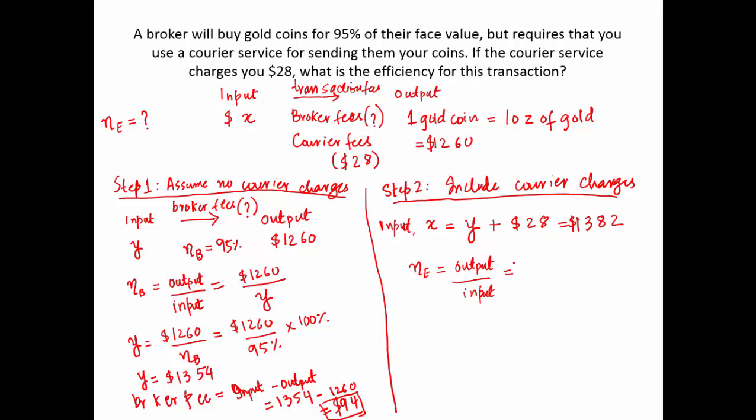Our output is $1,260, same as before. Our input now, including the courier charges, is $1,382, times 100%. If you plug in the numbers in the calculator, you get 91%.